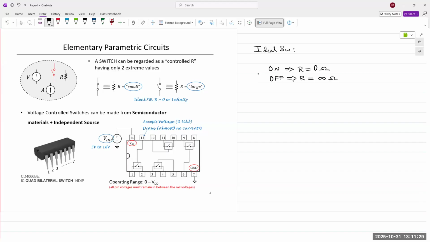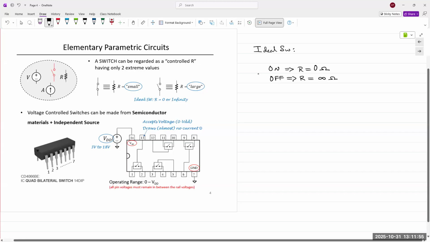Whether you have a mechanical switch or a digital switch, it's either allowing current to pass through or it does not provide any pathway for current to flow through. So for real life switches, resistance R would be small when it's closed, and when it's open, infinitely large.